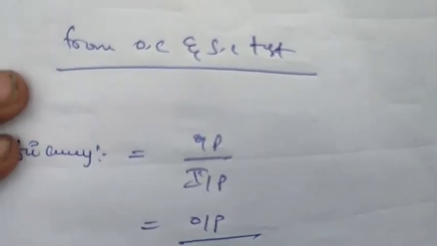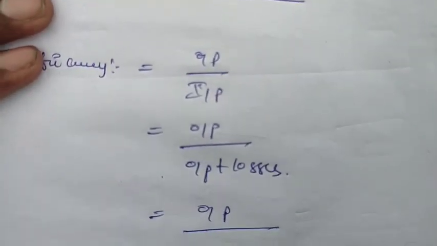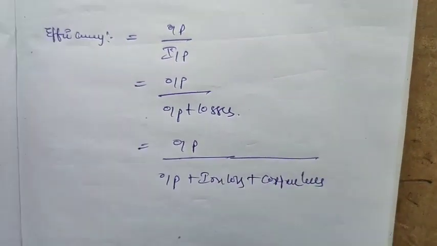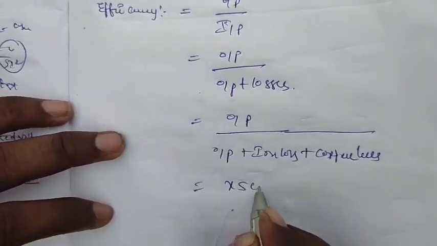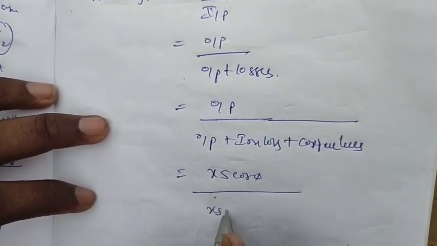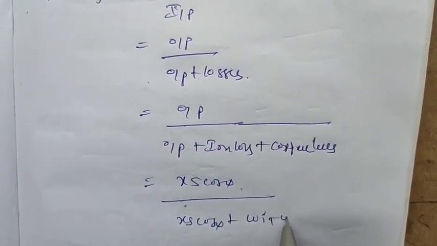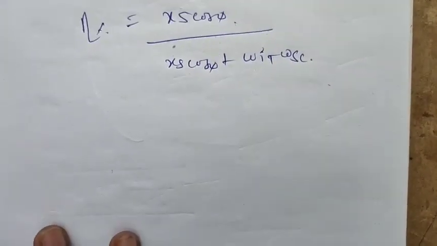The losses are iron loss plus copper loss. The output is X S cos phi, divided by X S cos phi plus iron loss, which is from the OC test, plus copper loss, which is from the SC test. We can easily calculate the efficiency at any load.